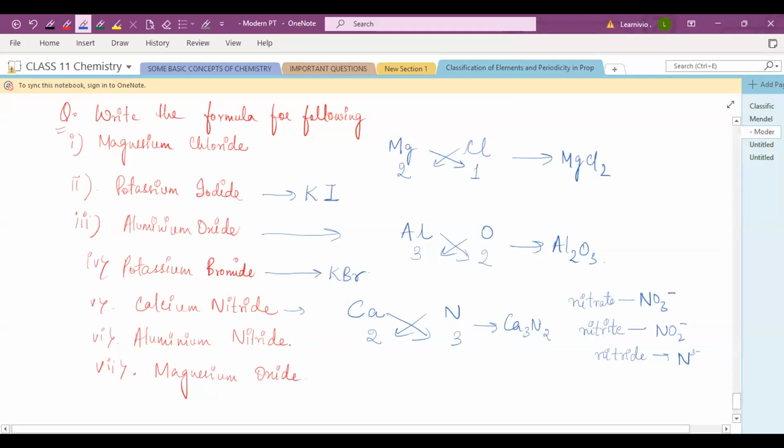Yes, good. For aluminium, the valence is 3, and for nitride it's again 3. So this 3 will cancel out, right? Al3 and N3 cancel out and you will get AlN. Yes, Neha, just the last one, tell me the formula for magnesium oxide. MgO. Very good.